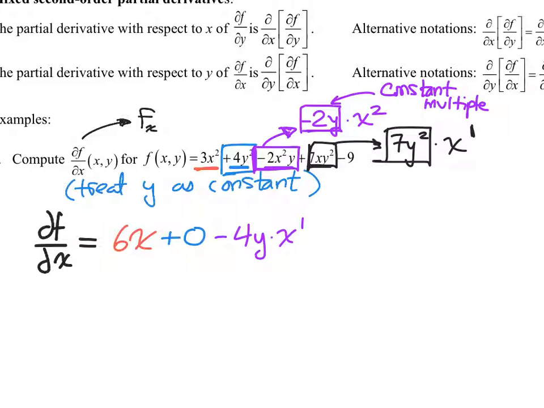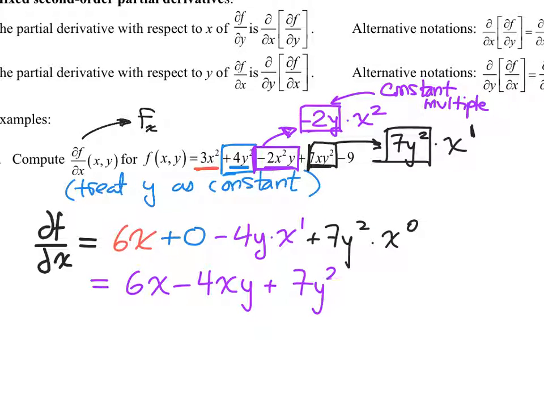All right, so 1 times 7y squared is 7y squared times x to the 0th power, which would go to 1 anyway. And that last little negative 9 there, irrelevant, because the derivative of a standalone constant is going to be 0 anyway. So we're looking at 6x minus 4xy plus 7y squared.